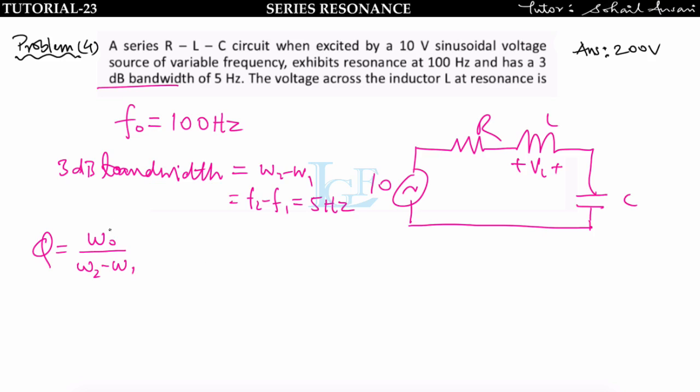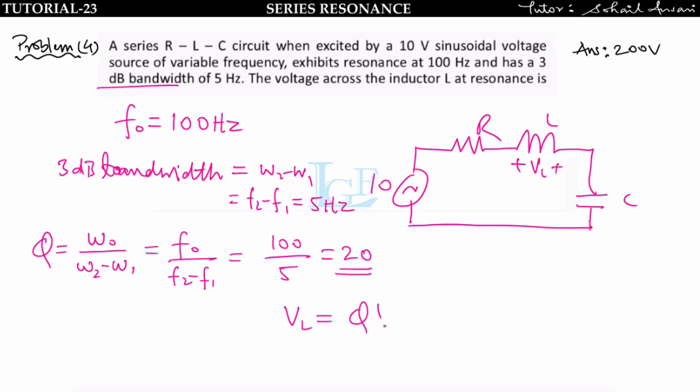We can write it like f naught upon f2 minus f1. What is f naught? f naught is 100 and f2 minus f1 is 5. So I am getting quality factor is equal to 20. Now I have also derived that the voltage across inductor at resonance is equal to Q times the supply voltage. So 20 multiplied by 10, that is equal to 200.